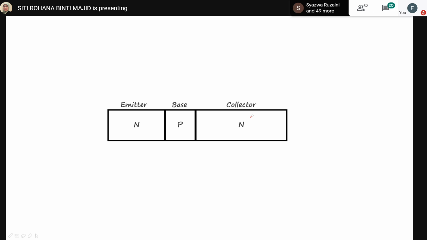Now we will connect this BJT transistor to a battery. Look at this diagram. The negative terminal of the battery is connected to the emitter, negative to N. Remember that N has a lot of free electrons.